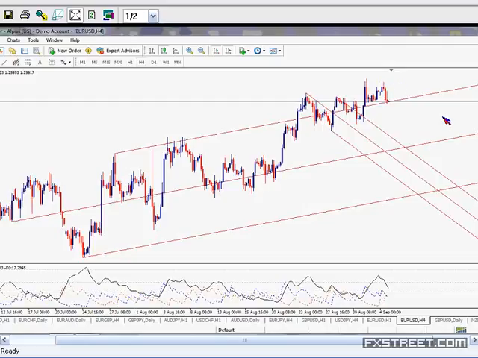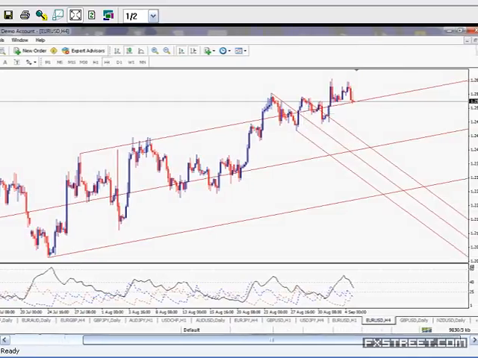I do believe the best way to use this second, smaller corrective pitchfork depends on the use of trigger lines. That is essentially trend lines that start at point 1 and go through point 3.